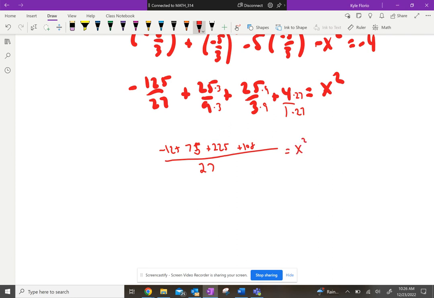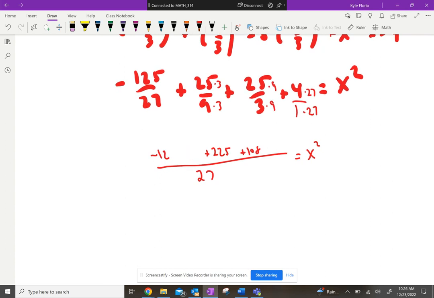Okay. So 108 plus 225 plus 75 minus 125. That is 125. So that's 283.